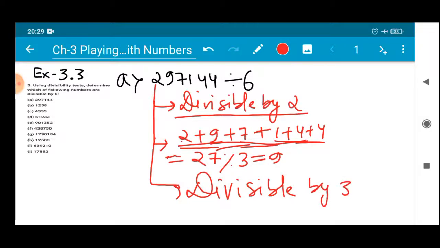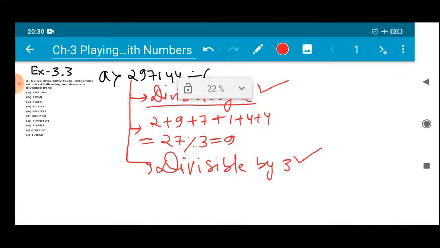Because after addition of all the digits, we got a number which is divisible by 3. If the sum of all the digits is divisible by 3, then the given number will also be divisible by 3. So in this case we saw that it is divisible by 2 as well as by 3. If such is the condition, then yes, this number is divisible by 6.